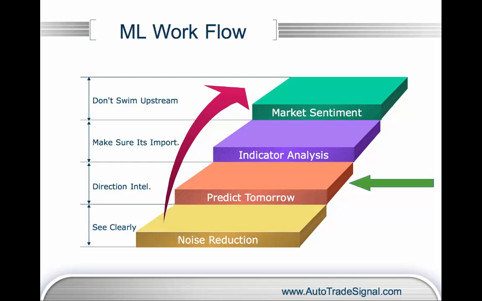So now that we've removed the noise from the market, let's talk about our next tool, and that is a predictive model that makes it easy to see what the market is doing tomorrow. Now, a lot of technical indicators do similar things. They attempt to tell you what the market is about to do. For example, divergence. But unfortunately, there's not just one kind of divergence.